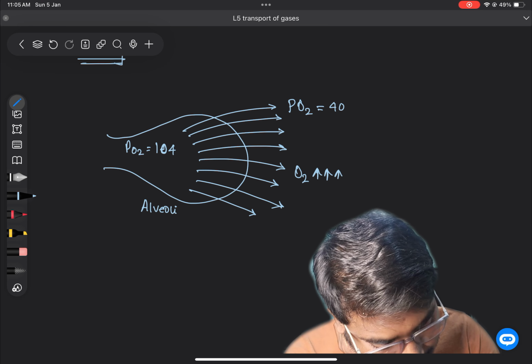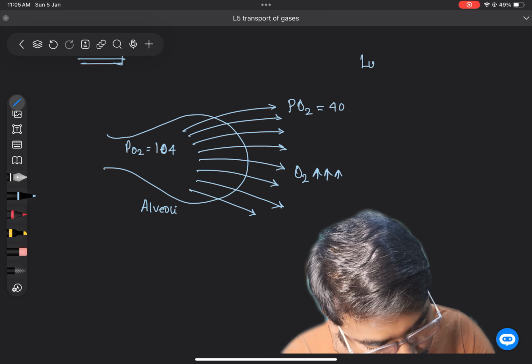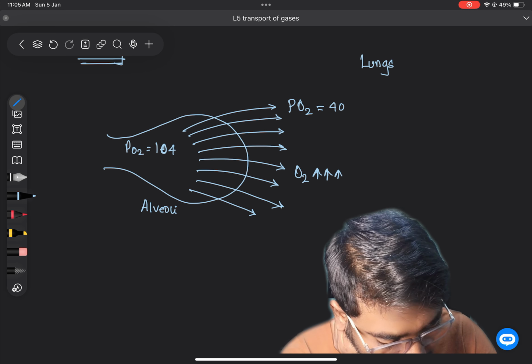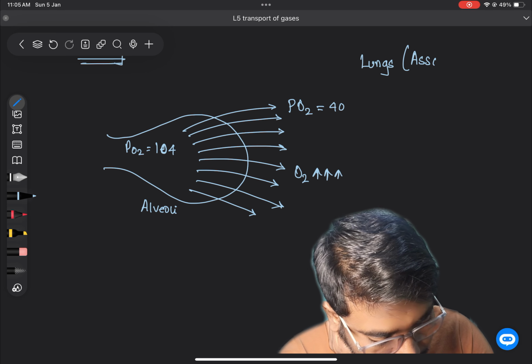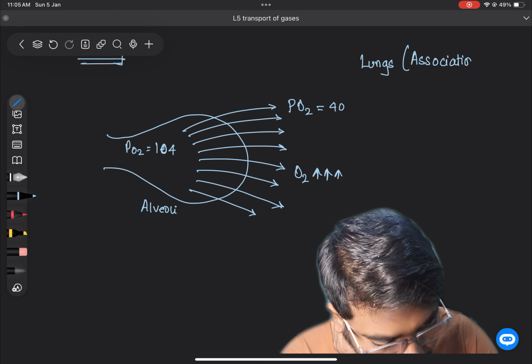Then now at the lungs, the association of hemoglobin with oxygen.